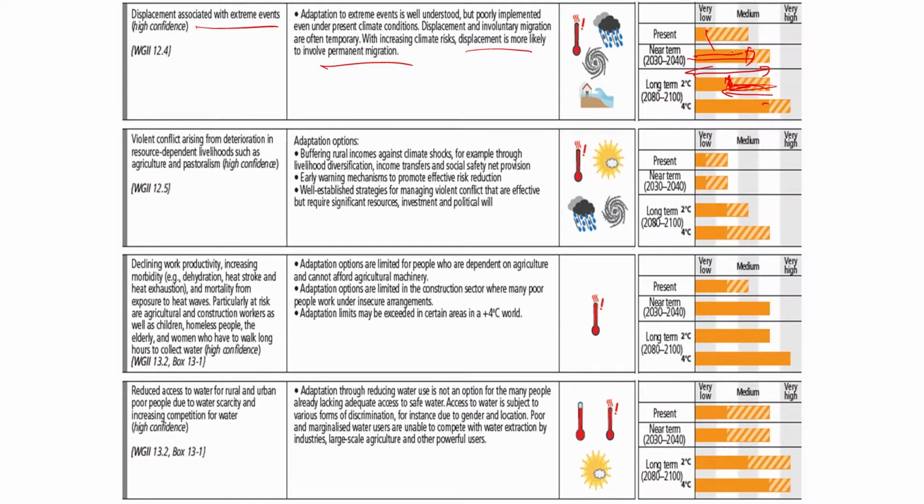So, do not just compare the colored bars and see that here the total risk is higher and adaptation options are also fewer. Violent conflict, there are many examples already, as I think I mentioned already.